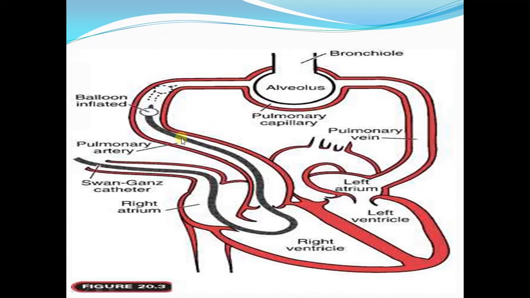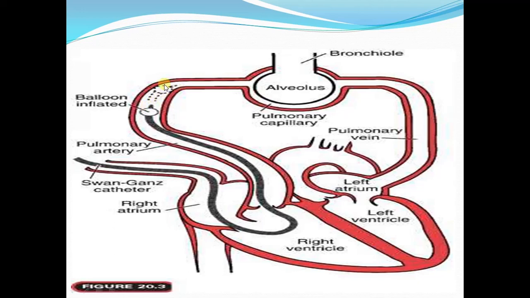So we can see in this diagram, this is one of the peripheral veins through which the catheter is introduced, and this catheter is advanced into the right atrium, and from the right atrium it is pushed to the right ventricle, and then from the right ventricle it is advanced into the pulmonary artery. Now this catheter is advanced into the small branches of the pulmonary arteries until it wedges tightly in one of the small branches.